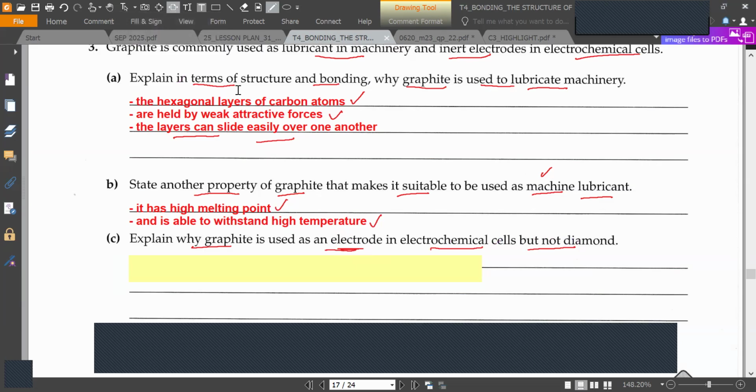Let me just find a picture. Electrochemical cell. Electrolysis.